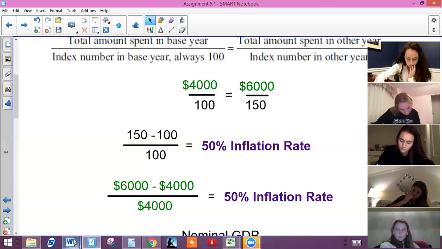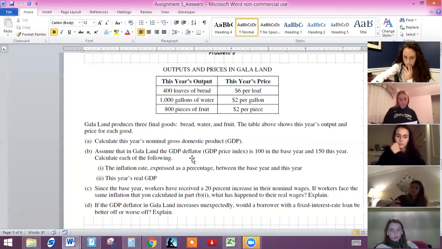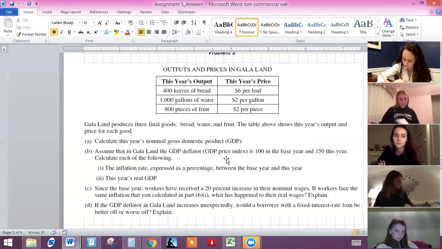So don't be confused. You're going to see a GDP price index, and you're going to see a GDP deflator. You might see either, but they're basically the same concept.